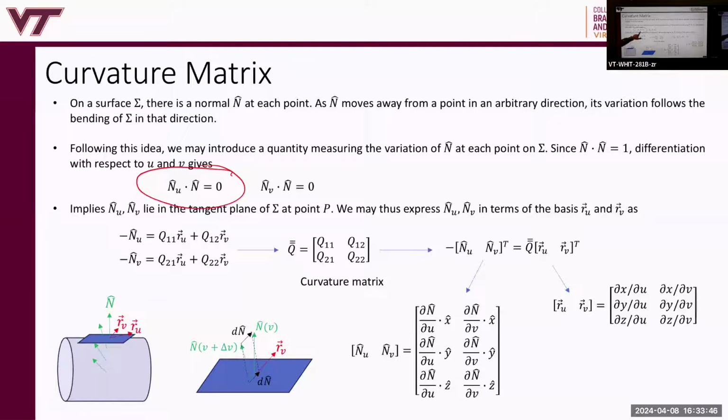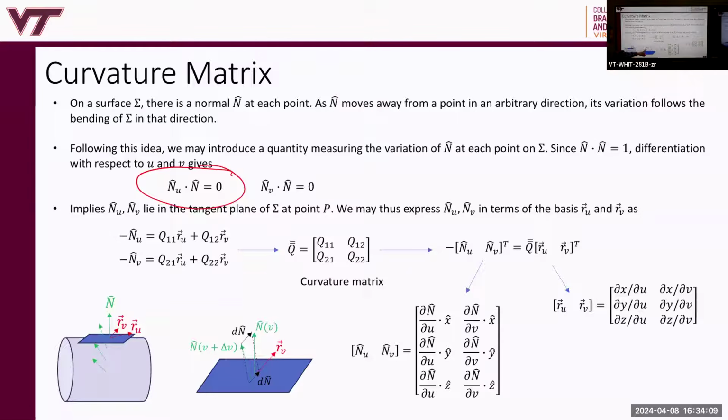What does this expression tell us here? Very good. The dot product is 0. So the derivative of n with respect to u is orthogonal to n. So where does it lie? What's orthogonal to n? Tangent plane. Very good. So the derivative of n lies in the tangent plane.